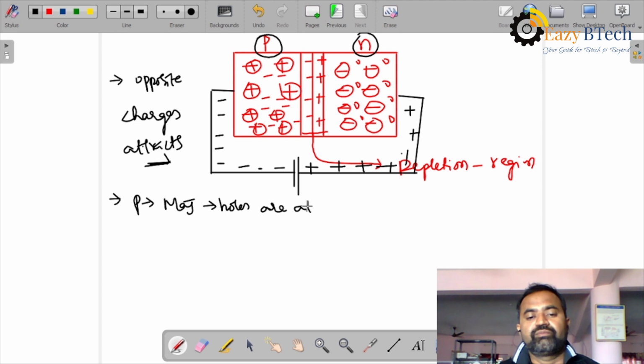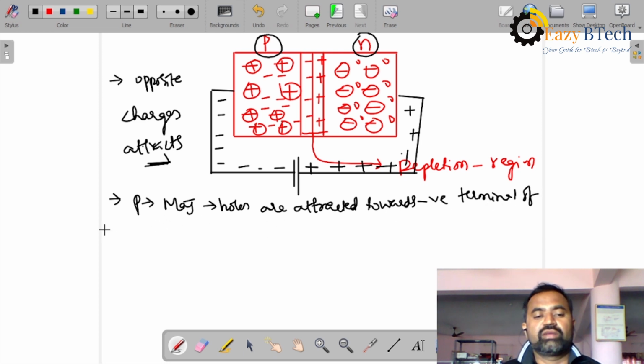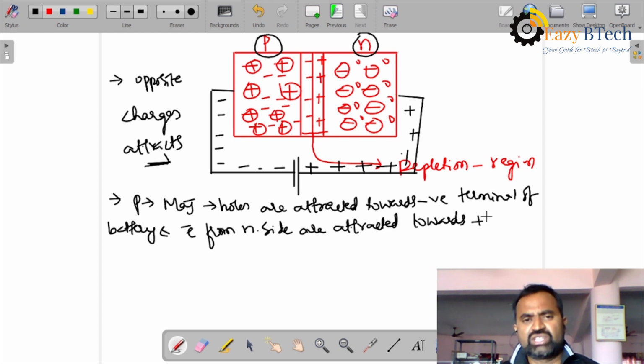Holes are attracted towards the negative terminal of the battery, and electrons from the N side are attracted towards the positive terminal of the battery.